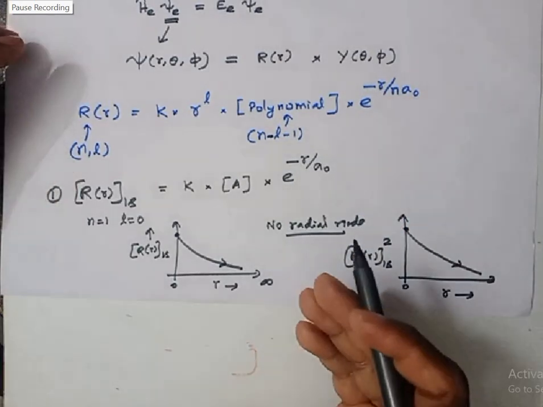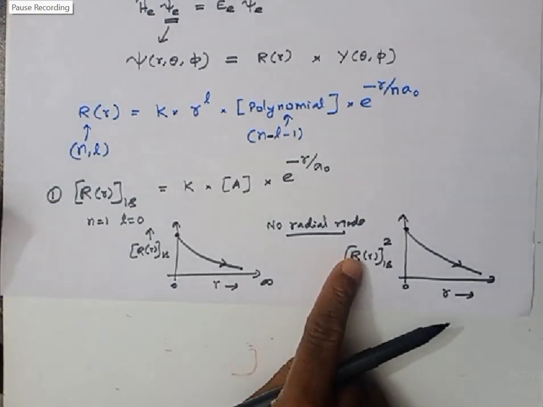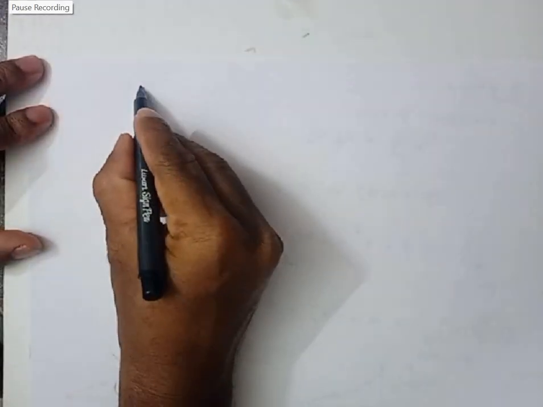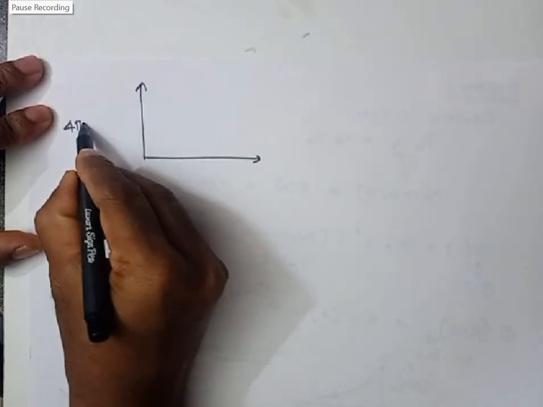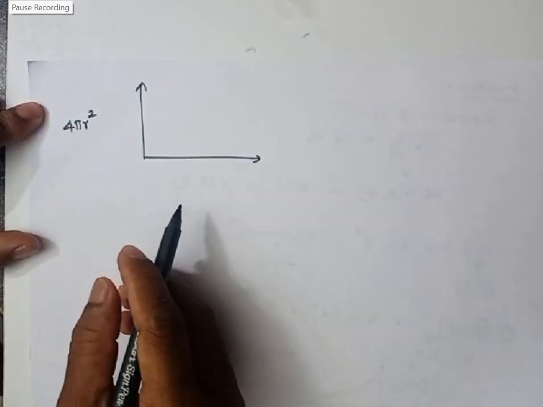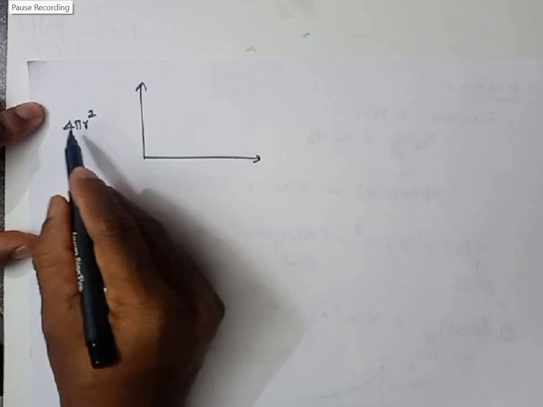Actually, we have to plot radial probability. This is just probability. What is the radial probability? Let me do it on the next page. To get radial probability, you have to multiply this probability by the surface area of the sphere. 4 pi r square is the formula for surface area.